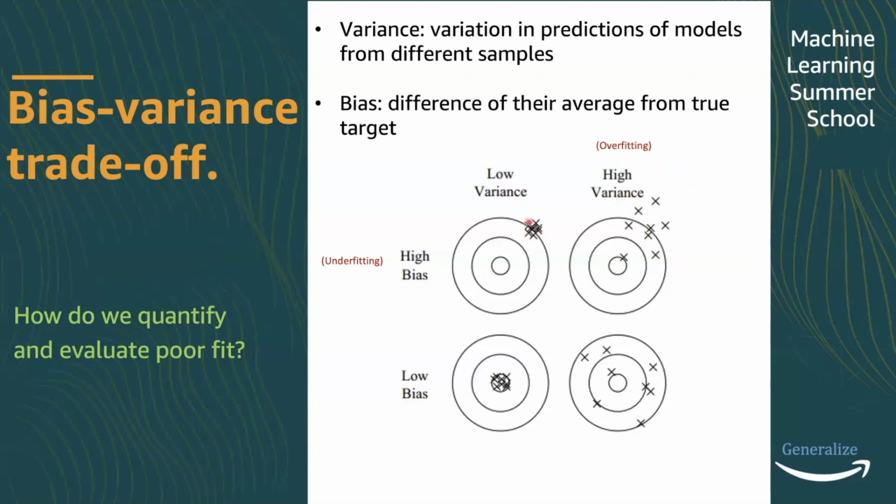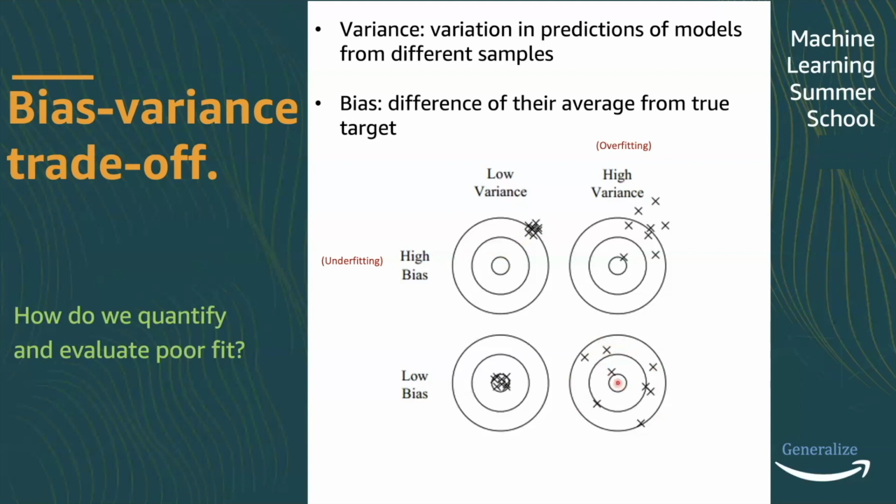You have low variance, they're all tightly together, but it's got a high bias. You're far from the truth. And the other case, of course, is you have very high variance but low bias, which is to say, they're all spread out, but they're spread out around the true value.